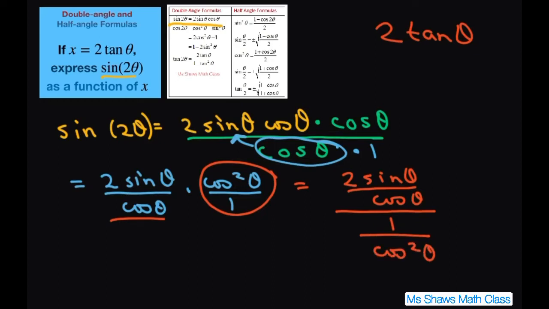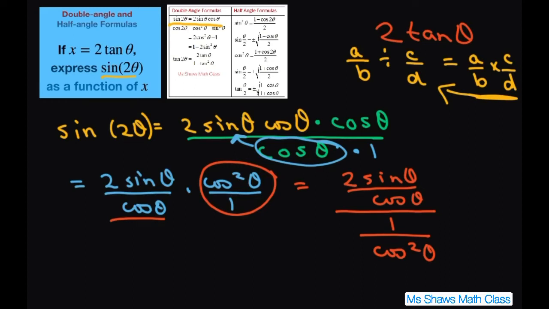These are equivalent because if you simplify this further and use your A divided by B divided by C divided by D, that equals AB times CD. So I'm going from this side to this side. Usually we go this way, but we're going the opposite way.